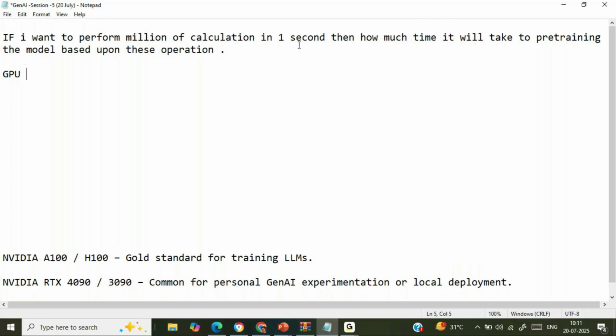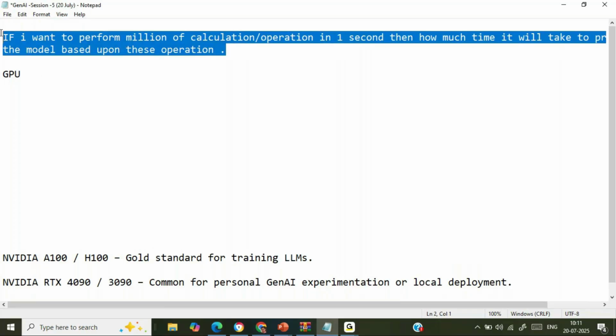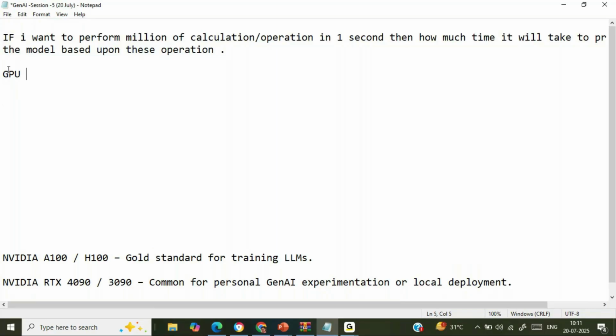I'm talking about millions of transactions, millions of calculations or operations. If I have this many calculations and I'm willing to perform them in 1 second, it will take hundreds of years to calculate if I proceed with CPUs. So GPUs are the one thing because of which this pre-training is possible.